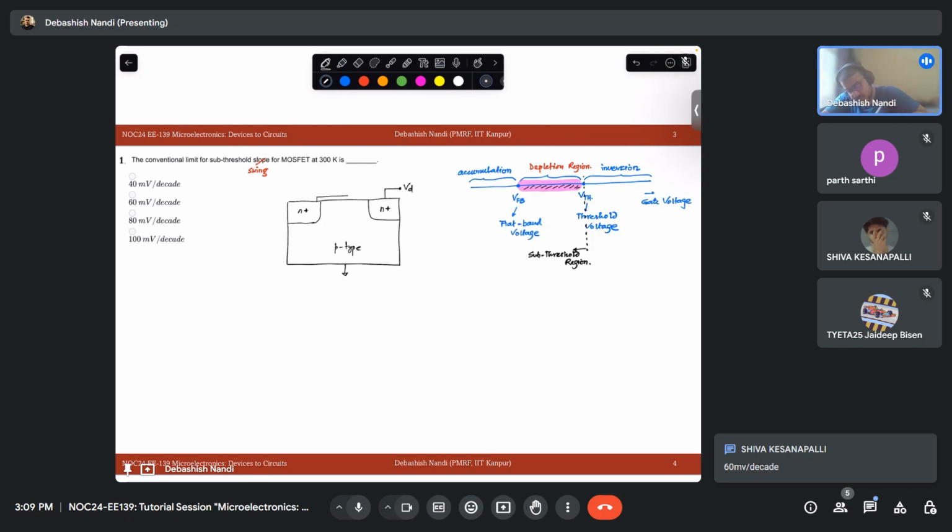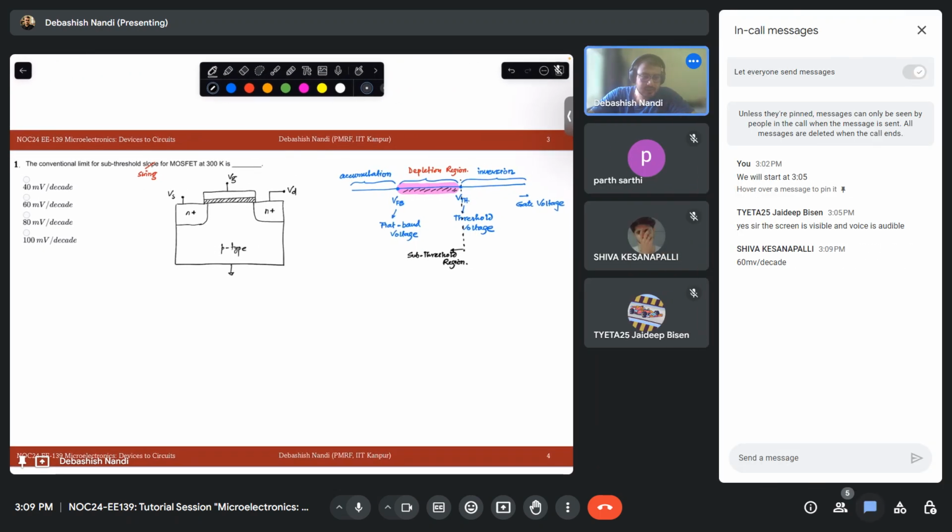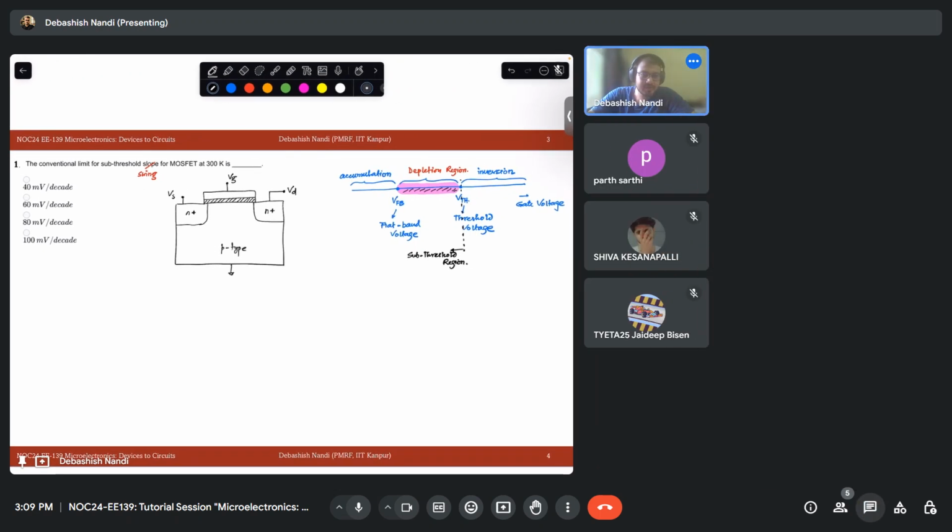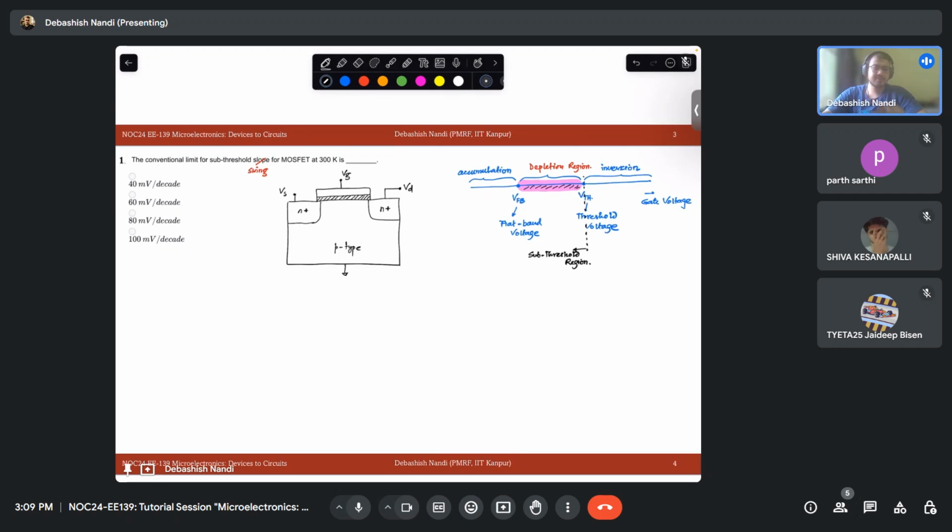Yes, 60 millivolt per decade is the right answer, but can you tell me why, and what is the significance of this value? Why are we looking specifically at the subthreshold region? Shiva, can you tell me what is the significance of the subthreshold region? Why are we worried about 60 millivolt per decade?